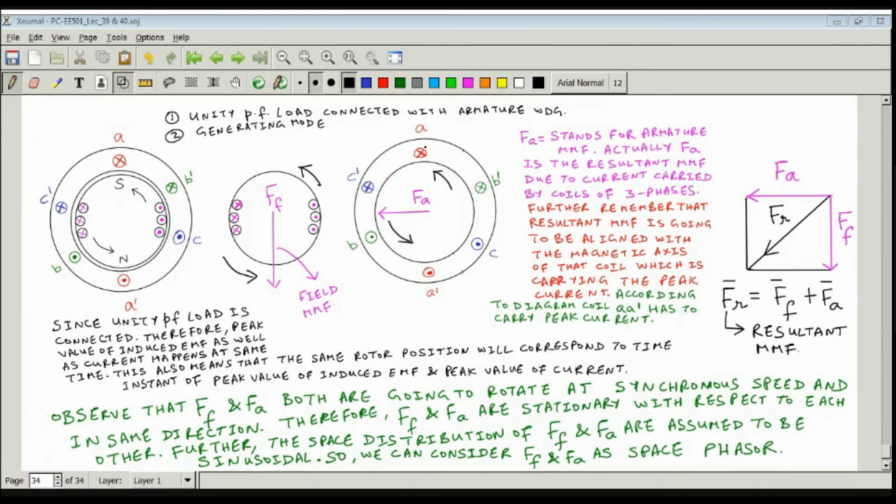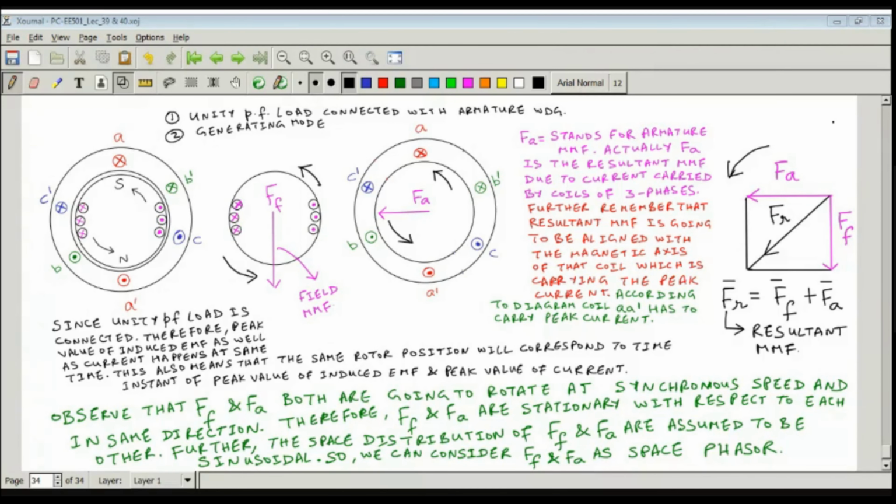After peak of phase A, which is happening for this rotor position, after 120-degree rotation, peak of phase B will happen. At that time, FA will be aligned with the magnetic axis of phase B. So FA is also rotating in anti-clockwise direction. So you can see here that FF is leading FR.